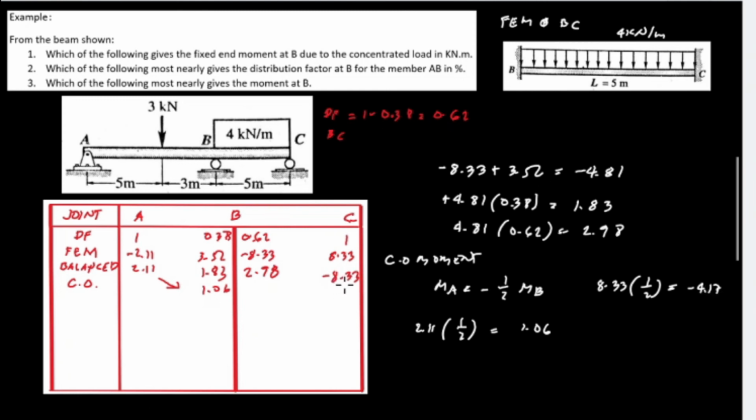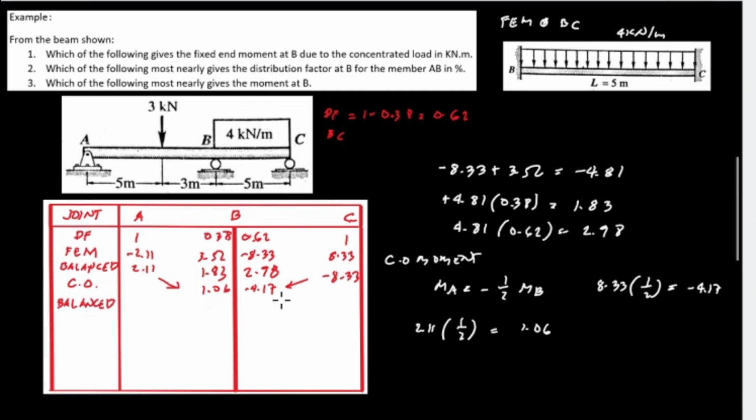So negative 8.33 divided by 2, that's 4.17. And this will be carried over to BC. And this is negative 4.17. After this, we will have another balance.